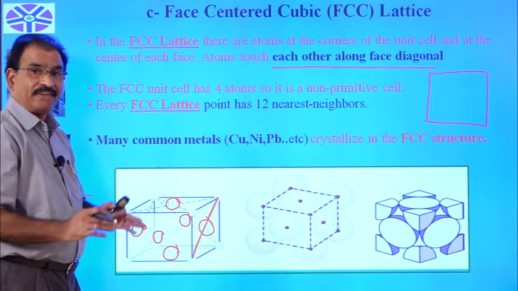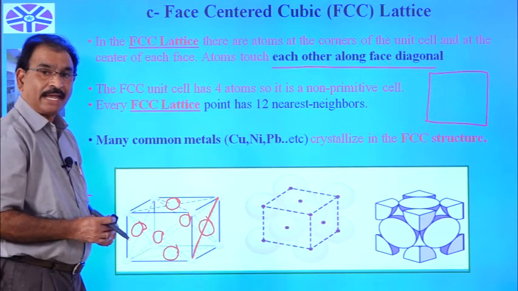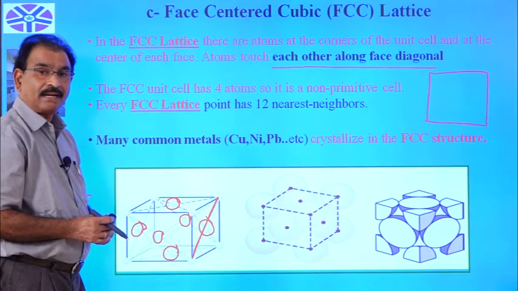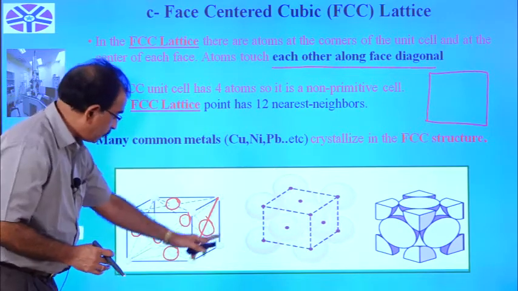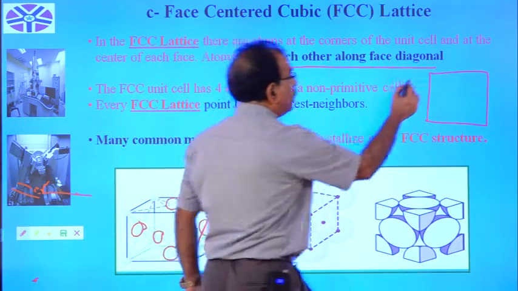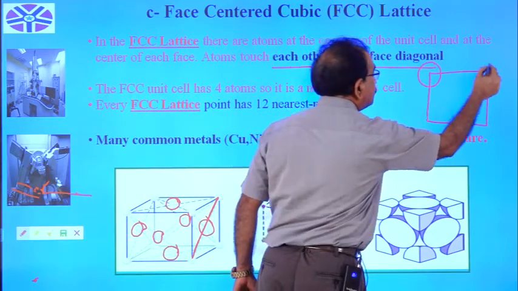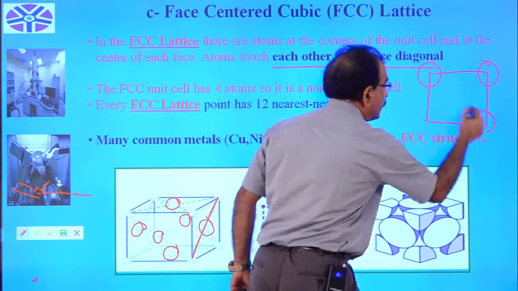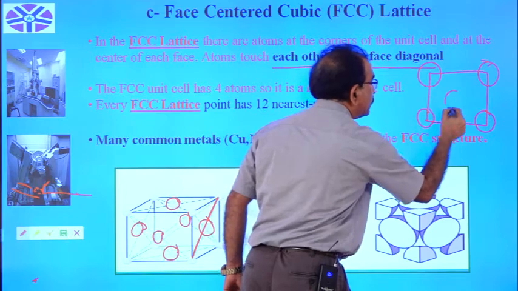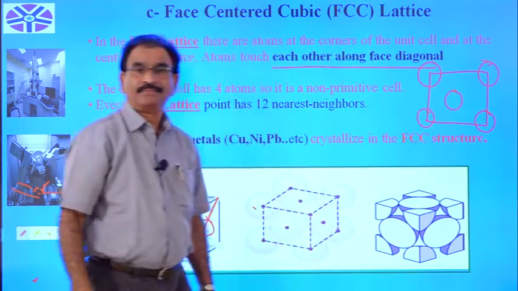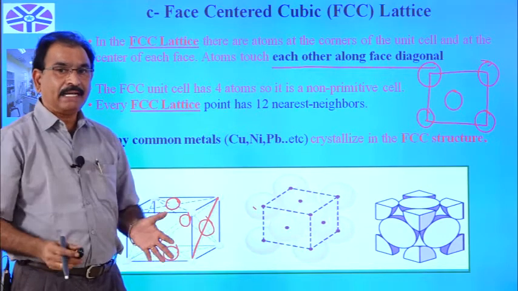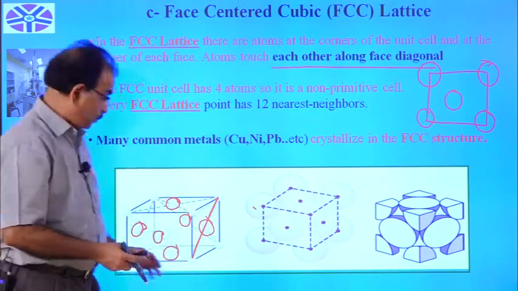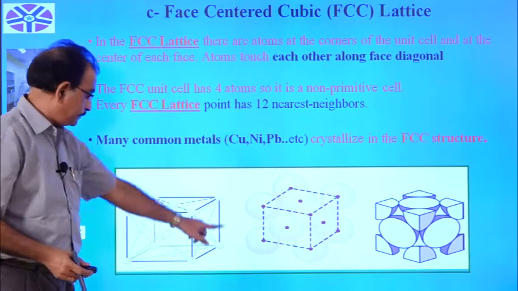So, every face has one atom, that is why it is called face center cube. So, we have a point at each corner and also in the middle of the face. That is how schematically a face center cube looks.